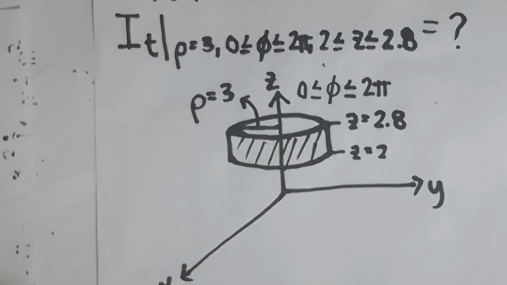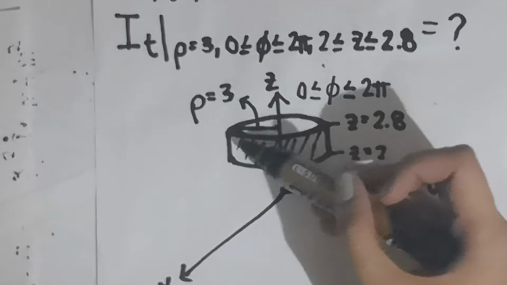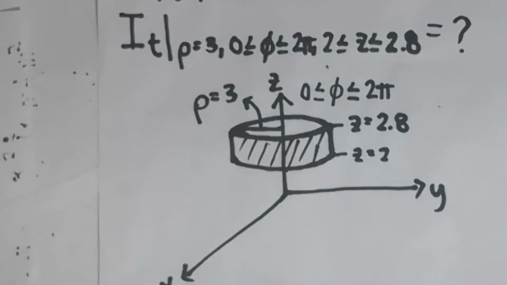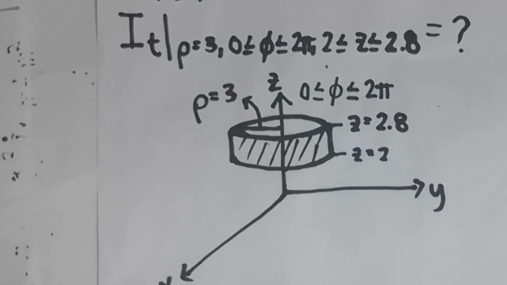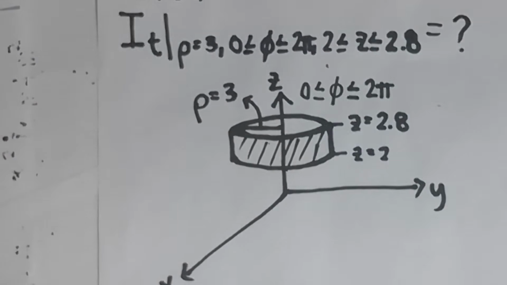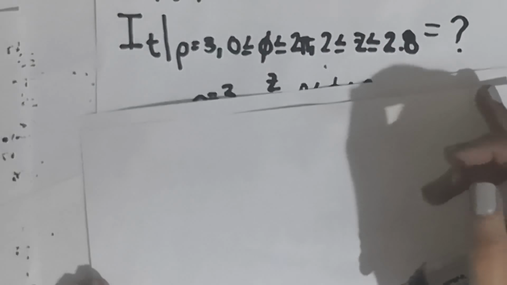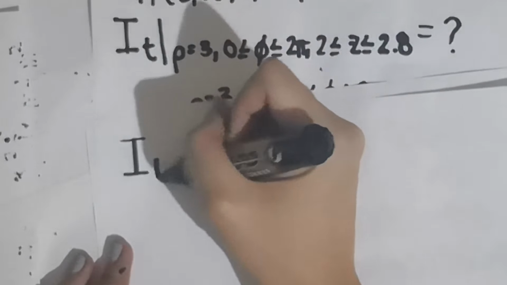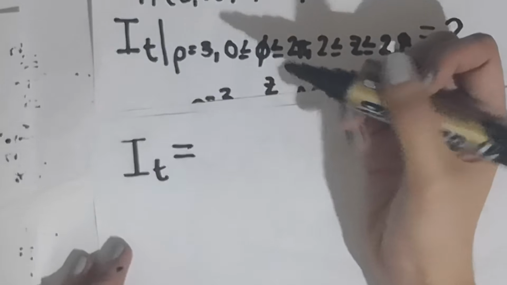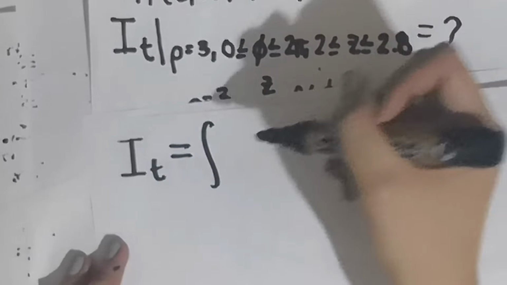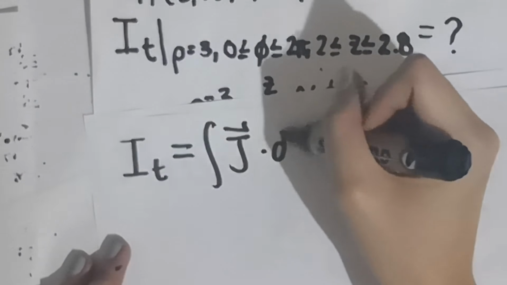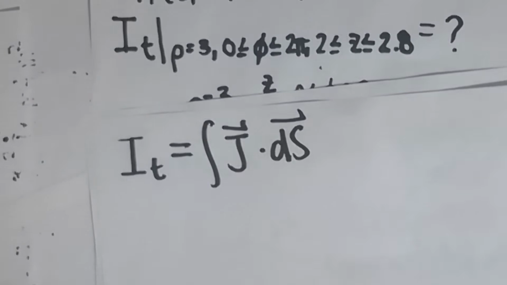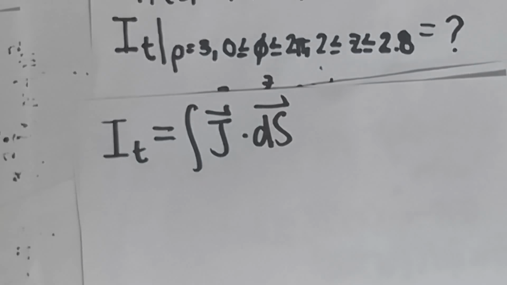So if we're going to solve for the total current through this circular band, we can get the current through that surface area by using the equation, the integral of J dot ds, where J is the current density and ds is the surface.